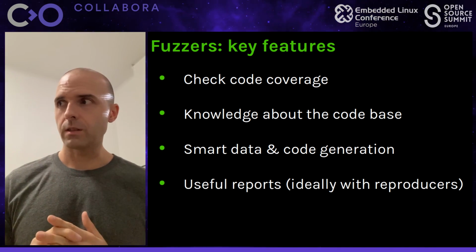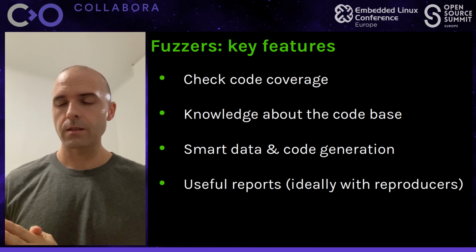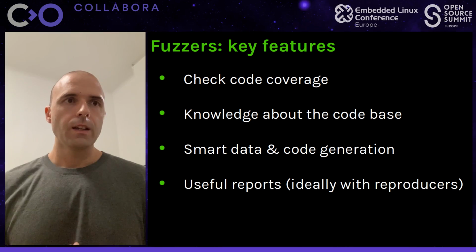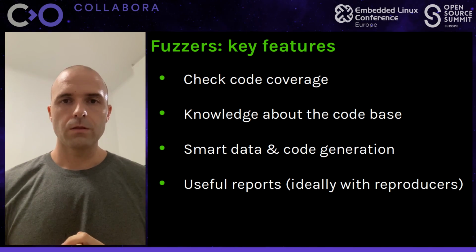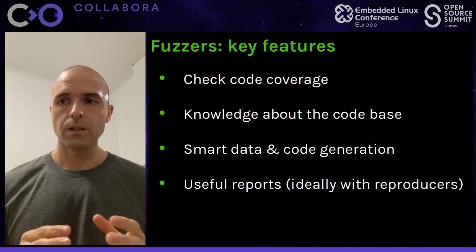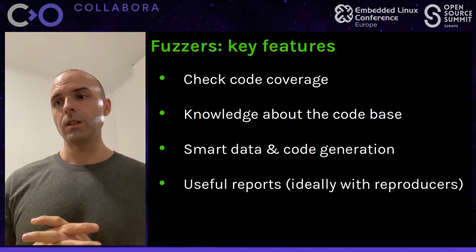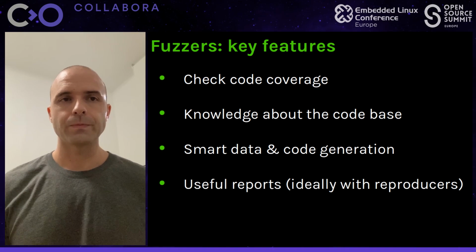We don't want something that looks like a manually written test, but we don't want a completely random test either. And of course, having good report generation is also important, because when the fuzzer finds a bug, it's good to know that there's a bug, but we would also like to have some information about how to reproduce it.